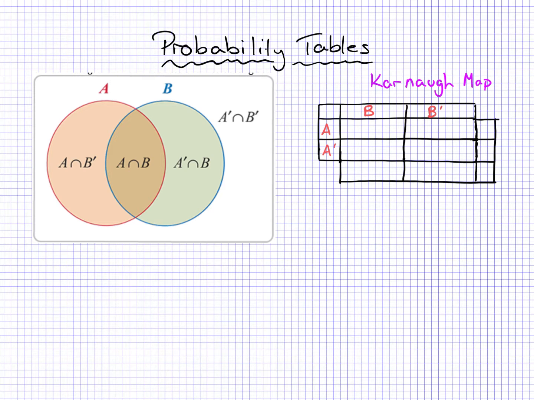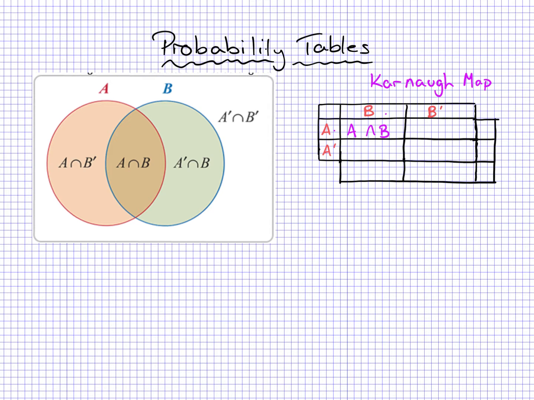So let's have a look at how they go into a Karnaugh map. This is a two-way table on the right-hand side here, and you can see A crosses over with B, so this would be that middle part, A intersection B. Now I've labelled the Karnaugh map as B or not B, because as we saw in the past lessons, there are only 2 events.